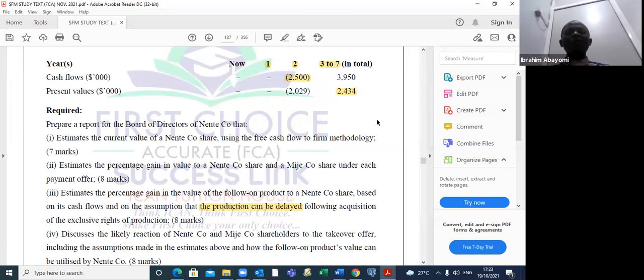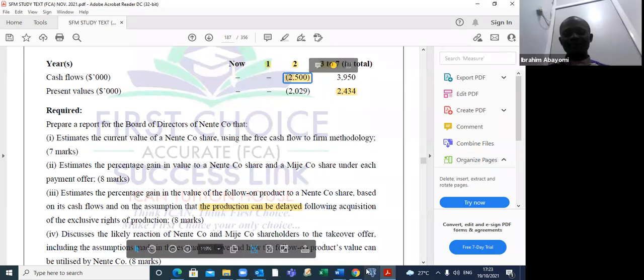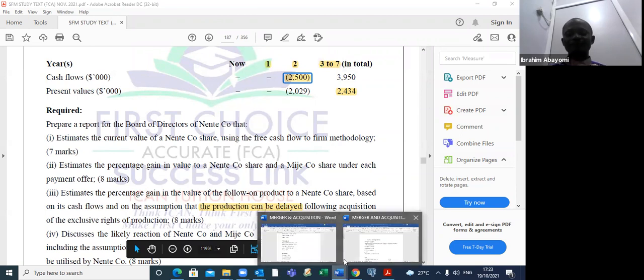Now, I will only continue with the project if the benefit I'm getting from the project is higher than what? Than the price I'm paying for that project. And look at it.